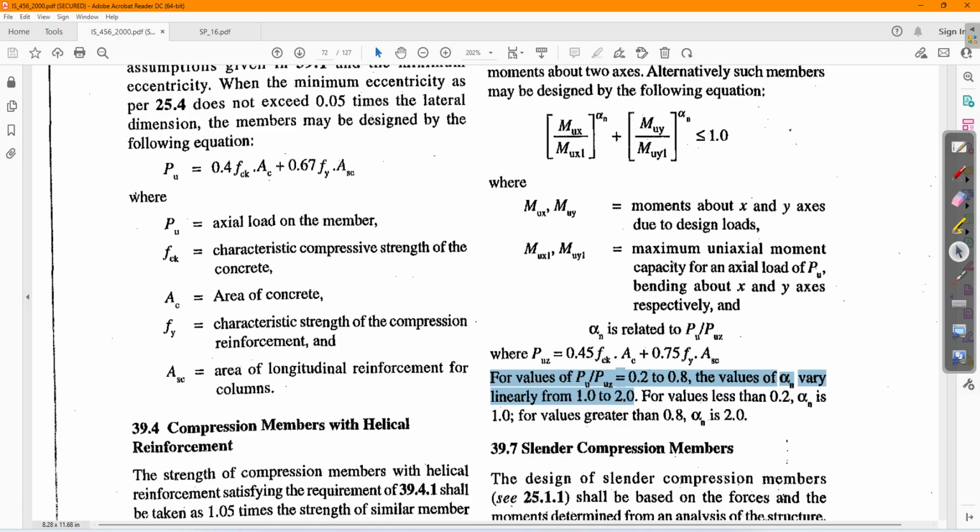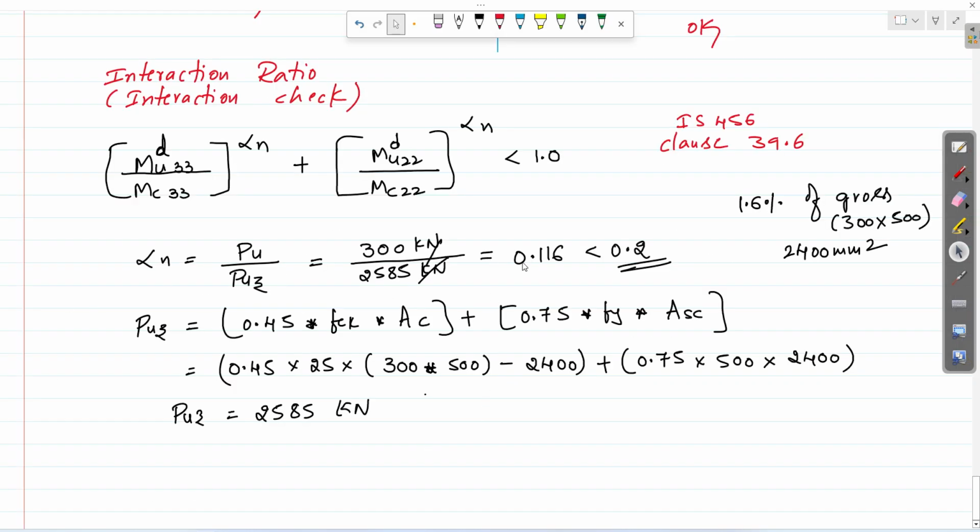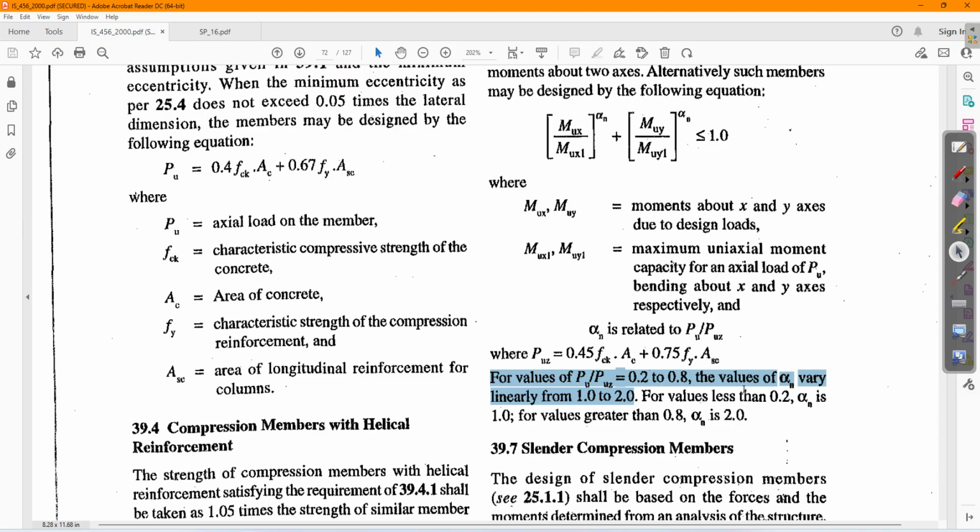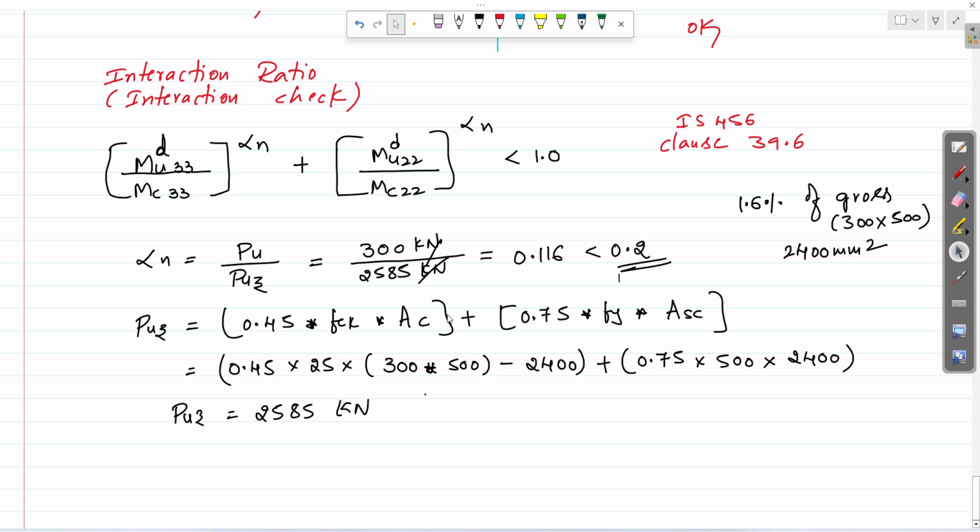So in our case, the ratio is 0.116, which is less than 0.2. So alpha n is 1. You can directly write here that alpha n will be 1.